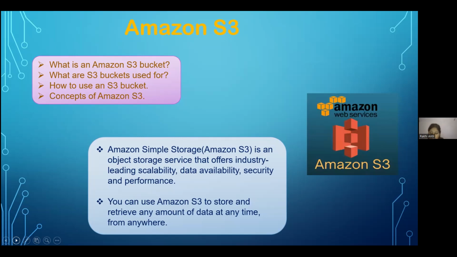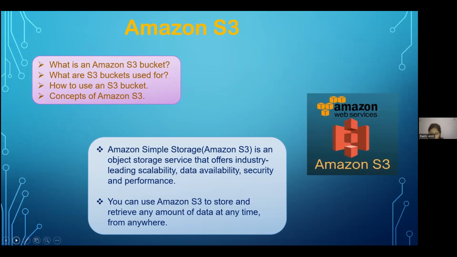And what is version ID? Version ID uniquely identifies the object. It is generated by S3 when you add an object to the S3 bucket. Then is metadata. Metadata is known as data about the data that you are storing. It is a set of name-value pairs which you can store with the information regarding an object.